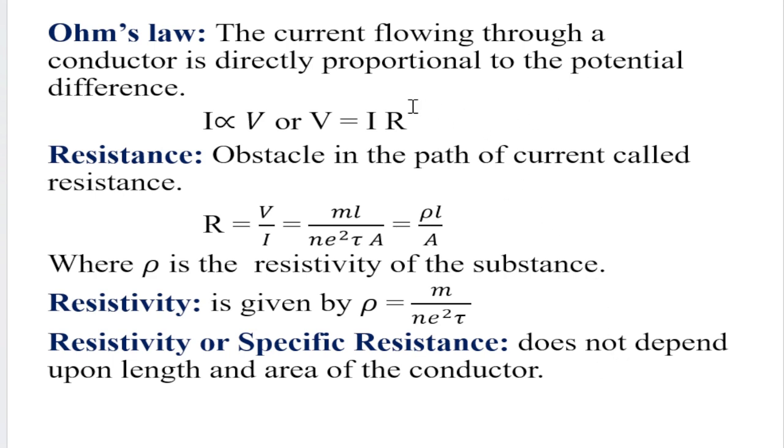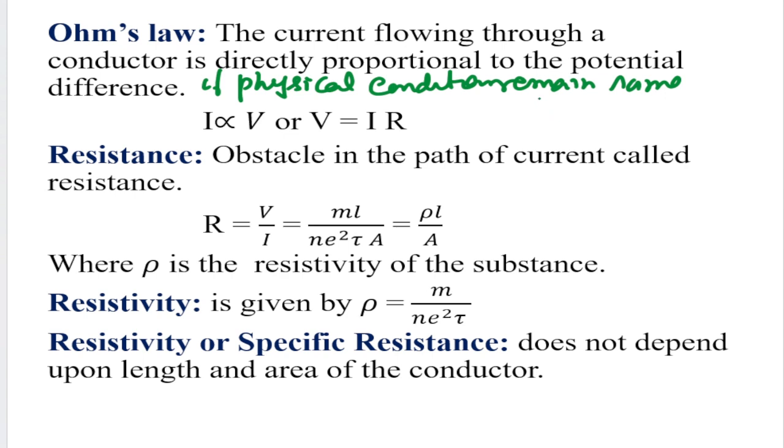Now Ohm's law. Current flowing through a conductor is directly proportional to the potential difference across the ends of the conductor, if physical conditions remain the same.